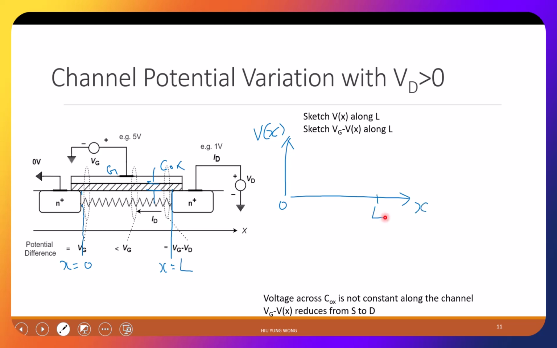Can you tell me at 0, at this point, what potential it is based on the connection? Well, it is connected to 0, right? Then of course at this point it is 0. How about at this point? What is the potential?